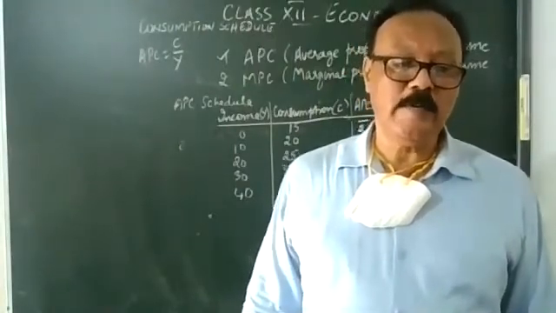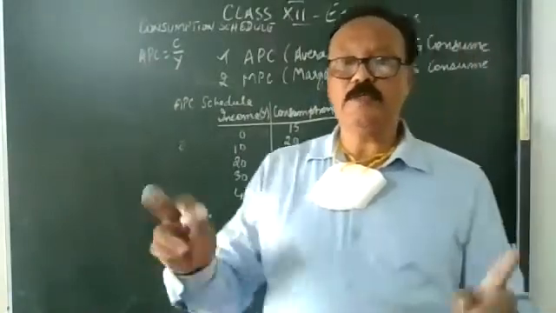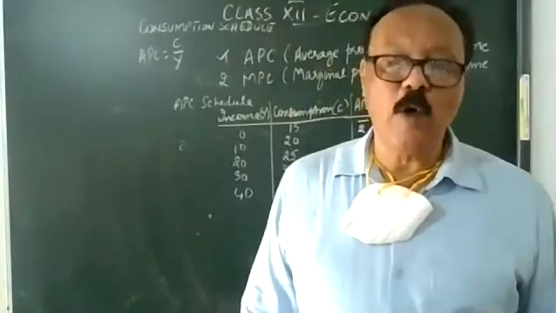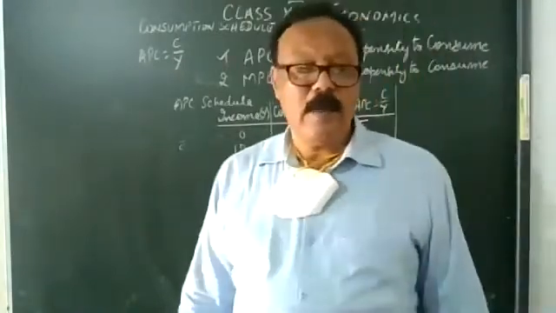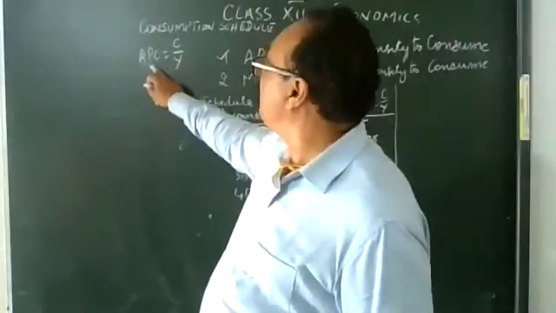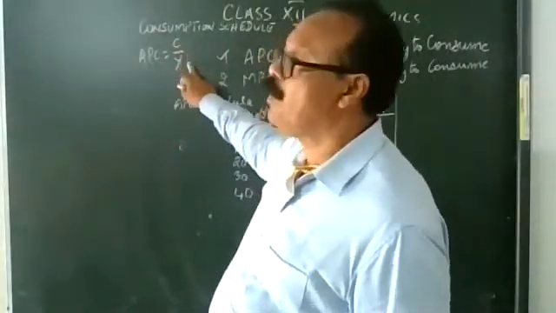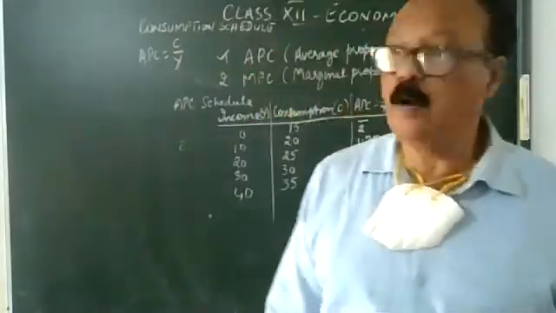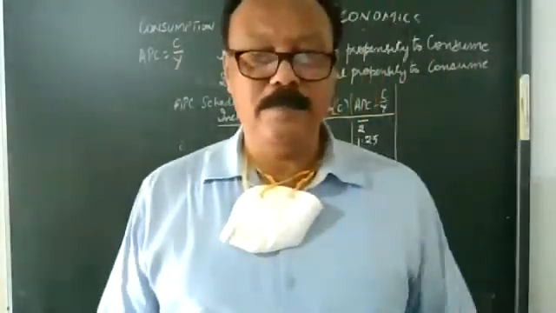So it is the ratio between total consumption, which is capital C, and total income, which is Y, at a given level of income of the economy. So APC will be calculated as C upon Y, total consumption upon total income.